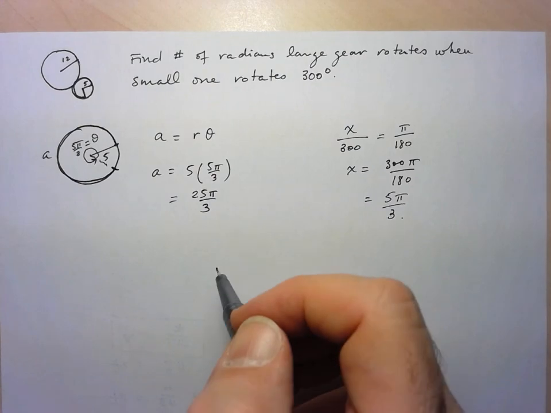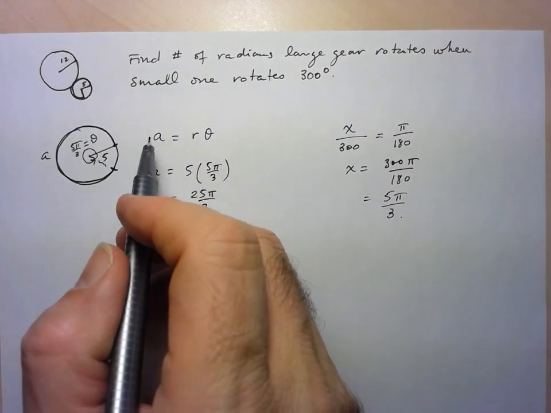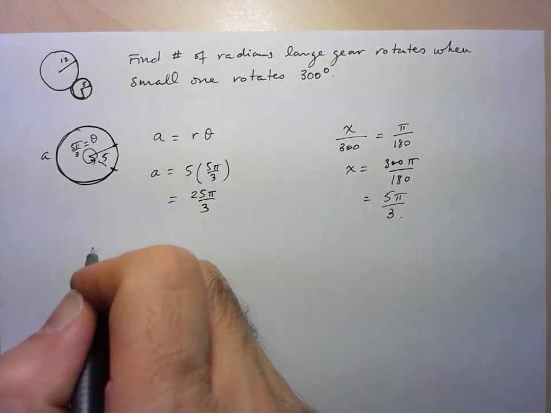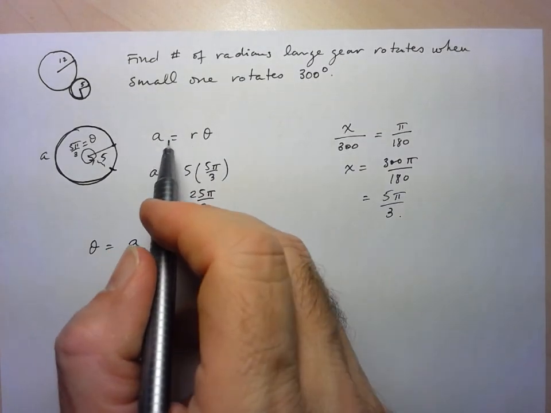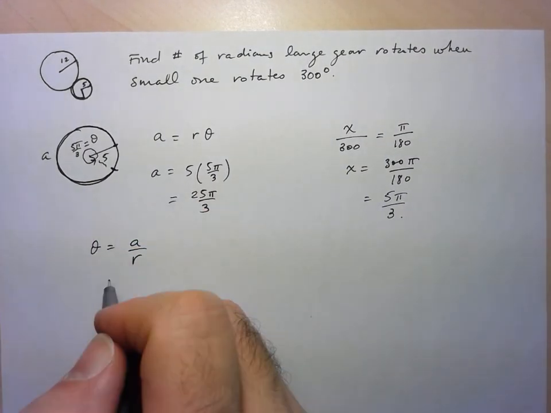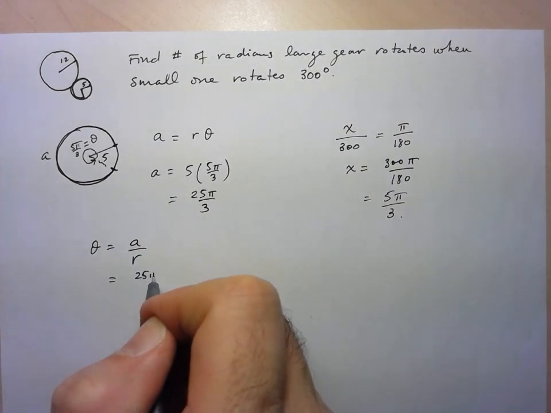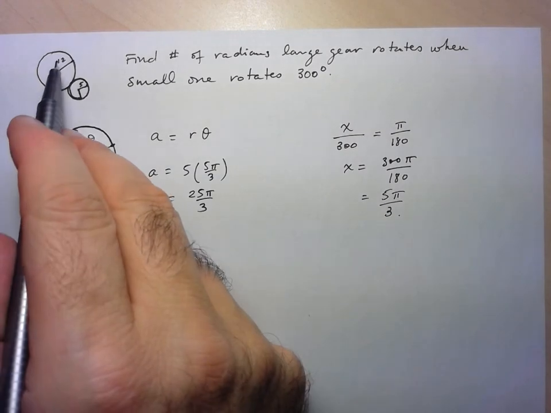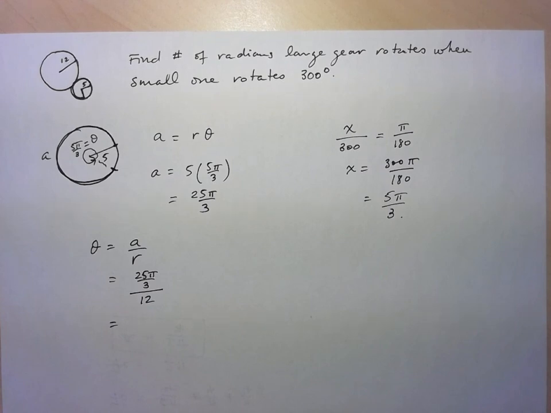So now I'm going to solve the same problem, but instead of looking for the arc length, I already know what the arc length should be. I'm solving for the angle. So theta can be written as A over r, just a rearrangement of this formula. I know that the arc length is going to be 25 pi over 3, and I just have to divide that by my radius, which is 12, and that'll give me my angle in radians.